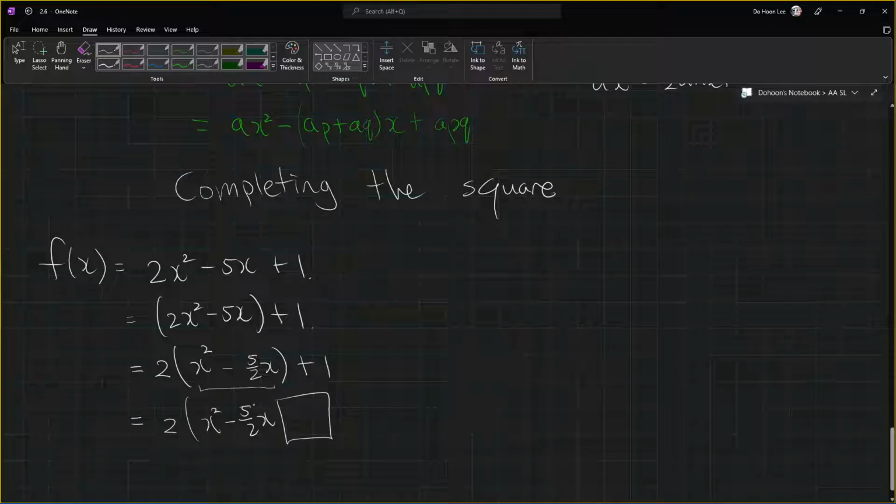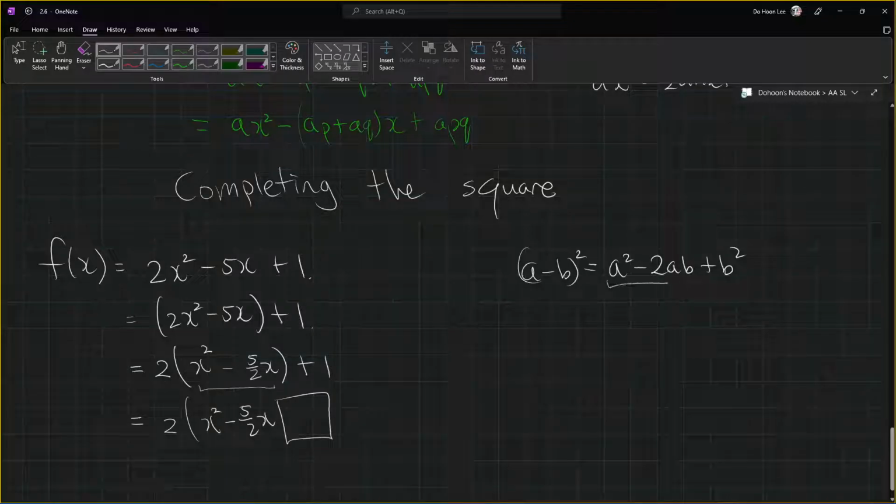To do that, we want to recall, remember (a minus b) squared? This is equal to a squared minus 2ab plus b squared. Okay, we have this part so far, and then we want to create this so we can go back to the (a minus b) squared form. So what value should that be?